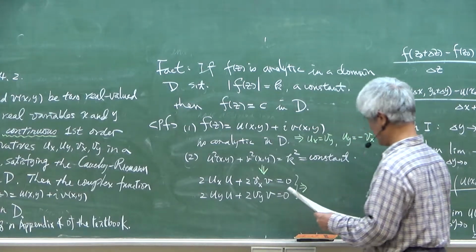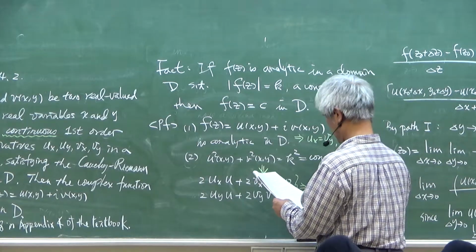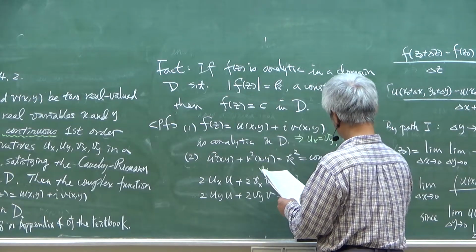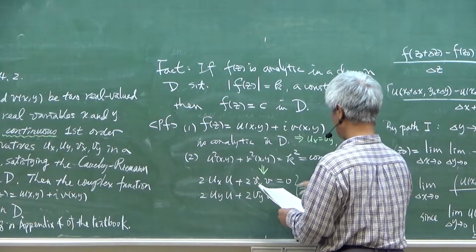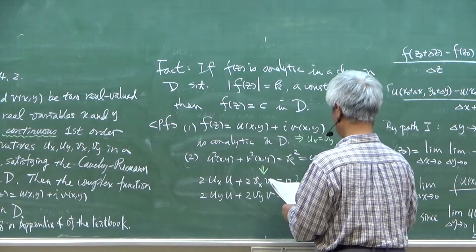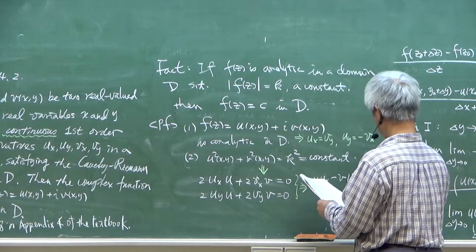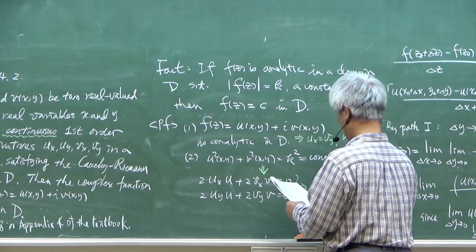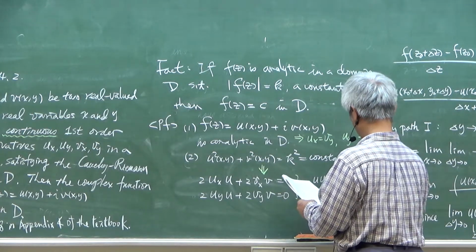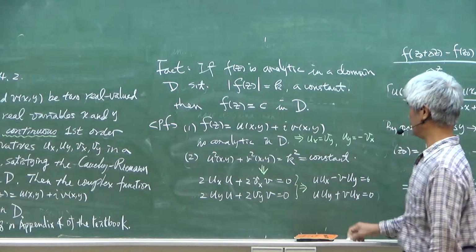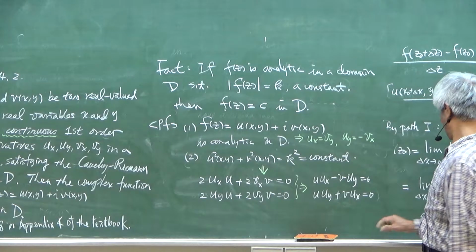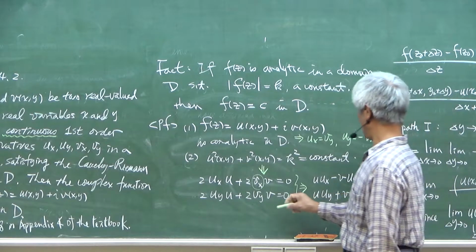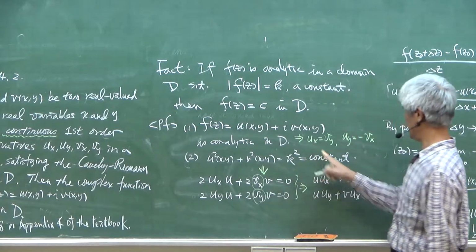Together, by substitution, we get u ux minus v uy equal to 0, and u uy plus v ux equal to 0. We just substitute because vx is equal to minus uy, and vy is equal to ux.